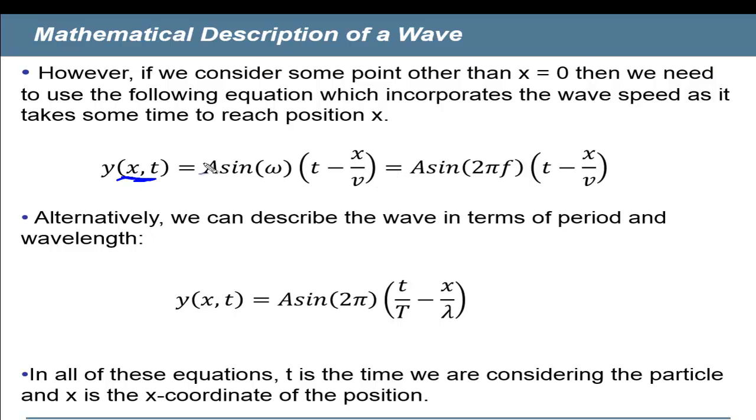The y position is the amplitude times the sine of the angular frequency omega times the quantity of the time we're considering minus the position we're interested in divided by the wave speed. Or we can say that it's the amplitude times the sine of 2 pi times the wave frequency times the time minus the position over wave speed.